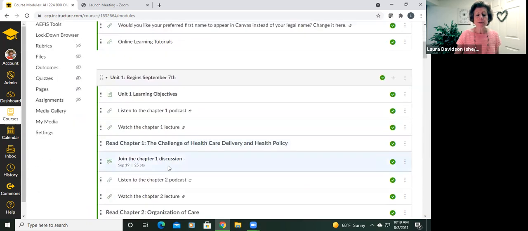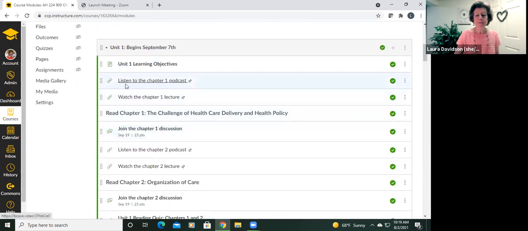Okay, so each unit is set up very similarly. You will read 2 chapters over the course of 2 weeks. Your unit usually begins on a Monday and ends on the second Sunday. The only thing that is due on the first Sunday is your original reply to the discussions.